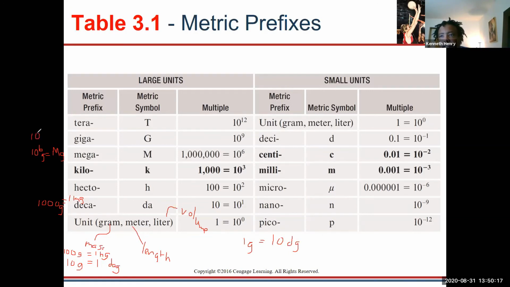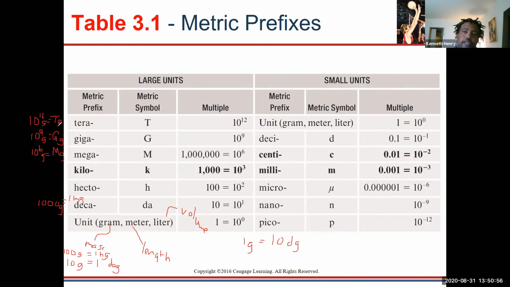A billion grams is going to equal a gigagram. A trillion grams is going to equal a teragram.